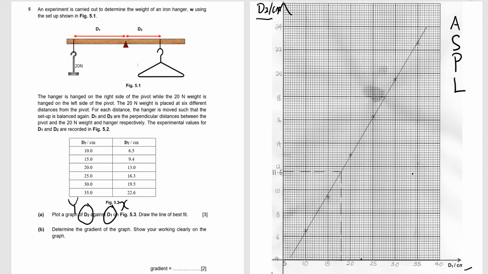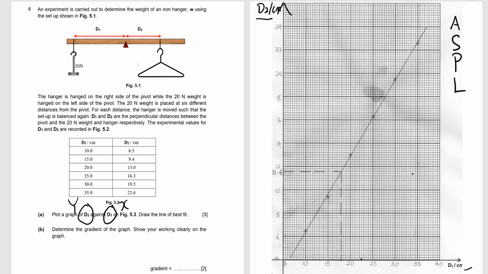Other numbers will make it difficult to plot, and some awkward numbers like intervals of 3, 7, and so on, you will actually end up getting no marks for plotting and no marks for scale. So in this case, this interval is 5, okay, which is good.